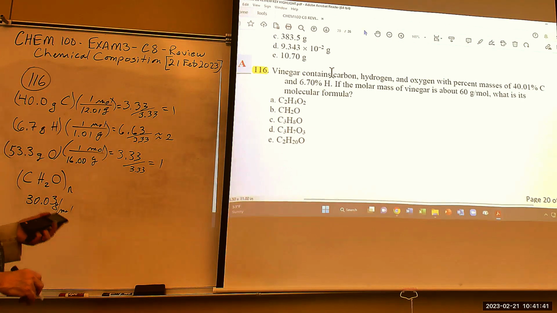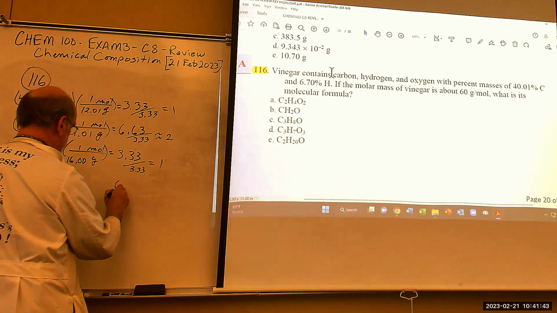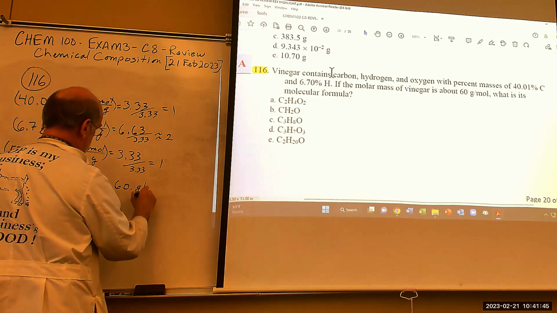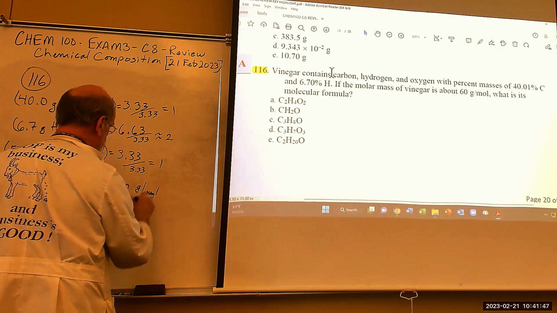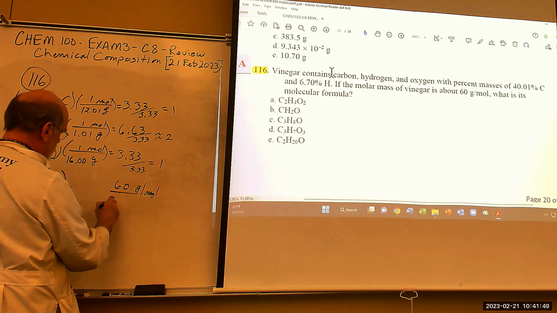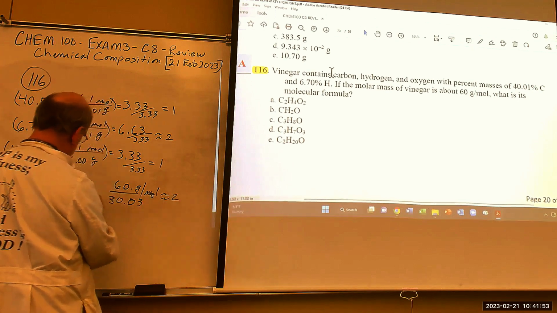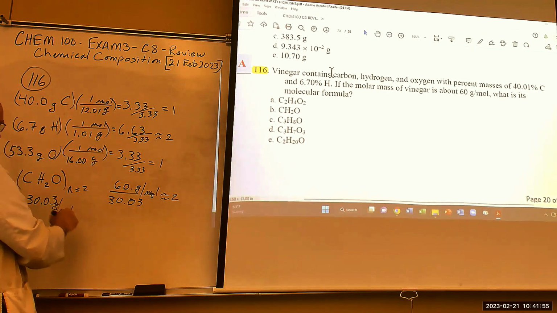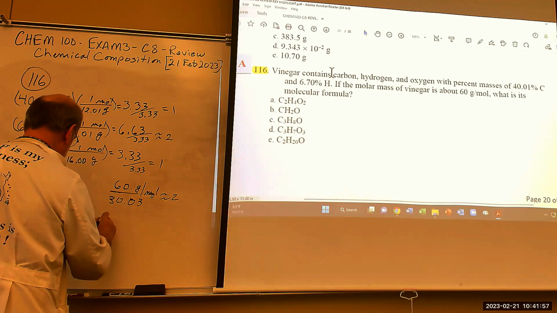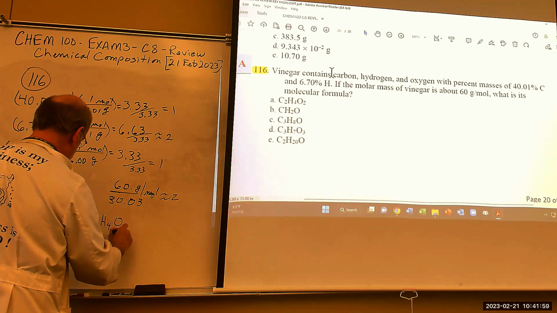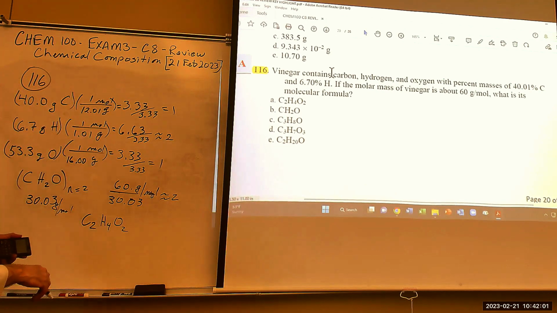And we were given 60 grams per mole as the molar mass, the true molar mass. So divide this one into that one, and that's approximately 2. So n equals 2, we have C2H4O2.